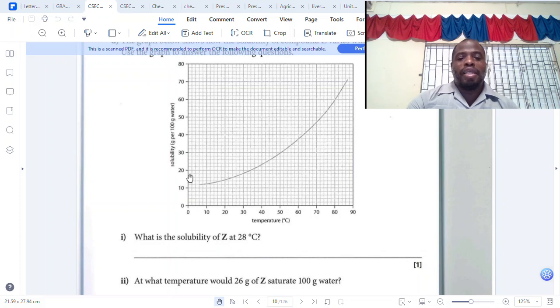So we're seeing when you have the solution at 28 degrees Celsius, it is able to dissolve 18 grams of substance Z.